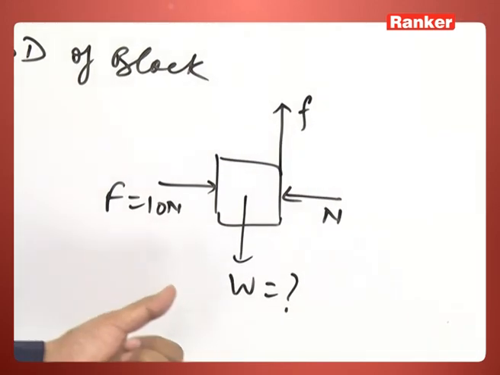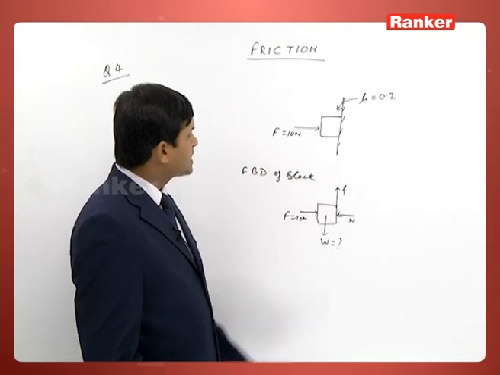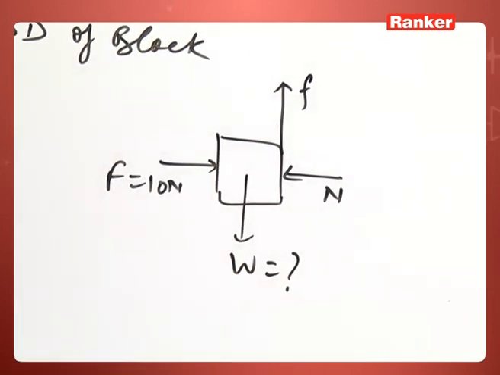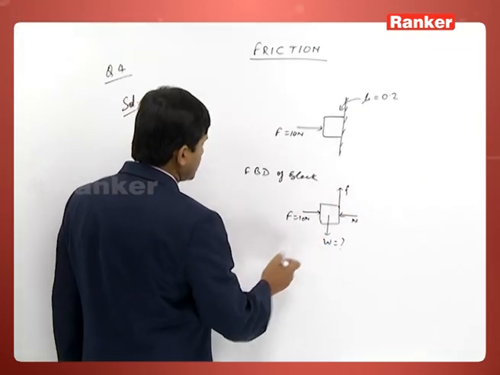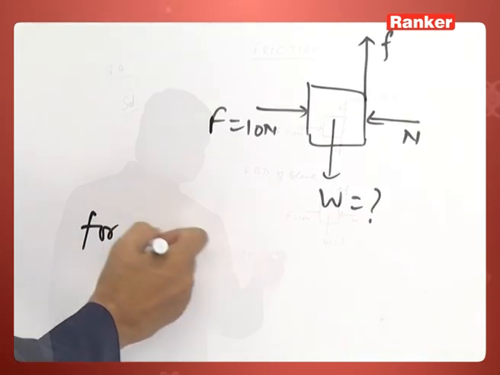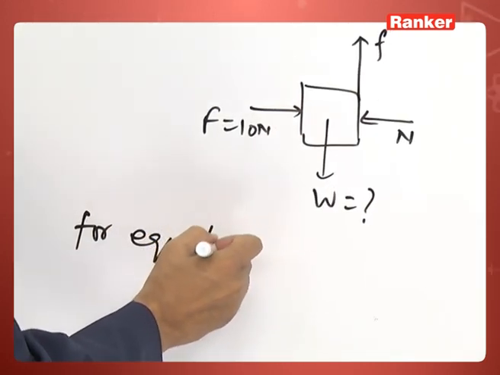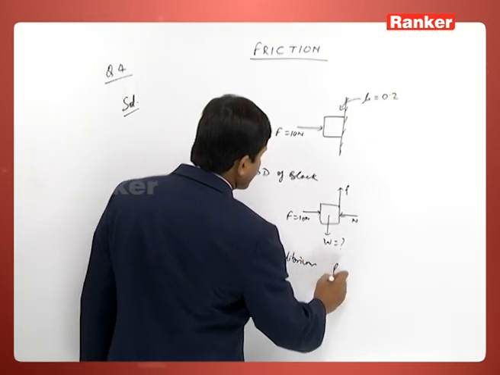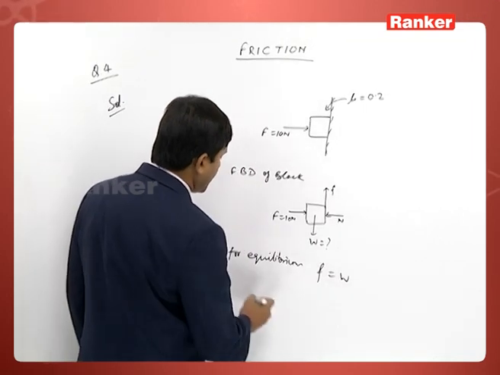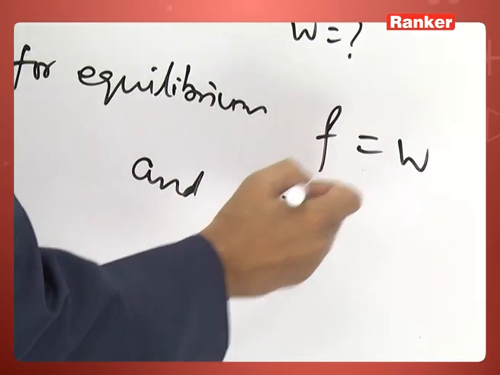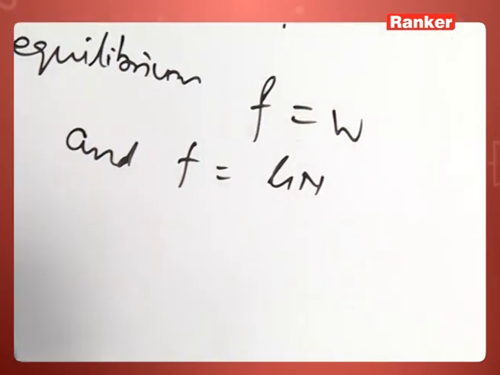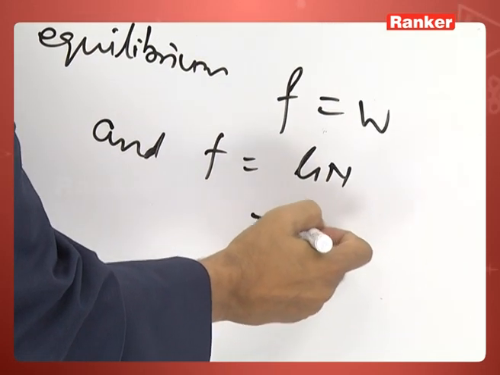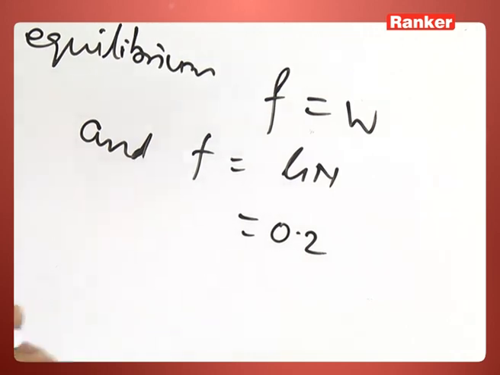Since to keep this block at rest, the minimum value of friction should be equal to its weight. So for equilibrium, F must be equal to weight, and F is equal to mu into N. Mu value is given here as 0.2, and N?